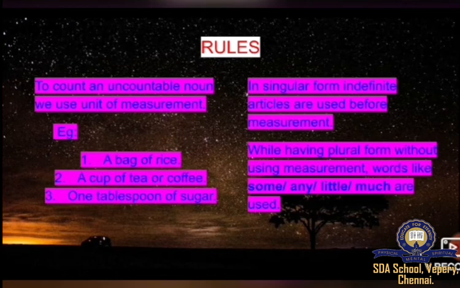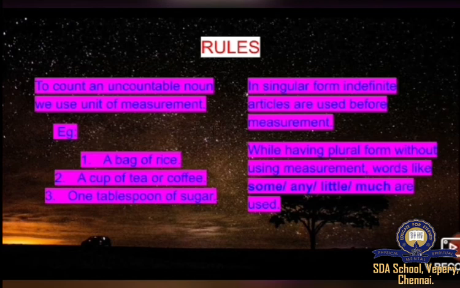So when you use them in plural form, but you do not want to tell them the measurement, you use words like some or any or little or much. Example, you can say 1 tablespoon of sugar, or I want some sugar, or little sugar, or much sugar. Likewise, you can say I want some dollars, or I want some milk or water.